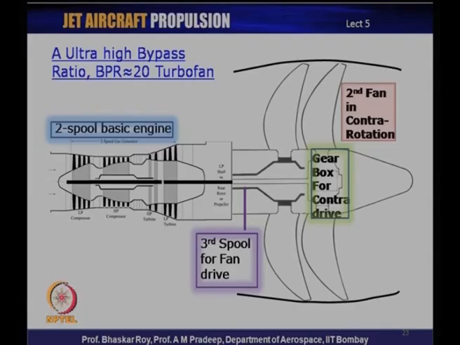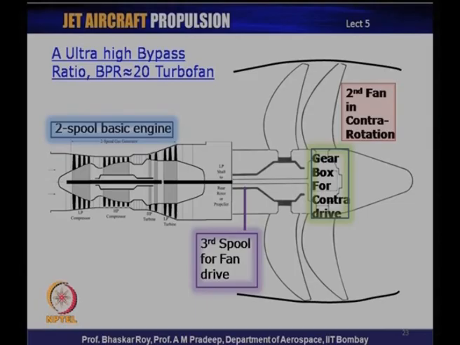The fans are so big, they are almost approaching the size of a propeller, but not quite, and quite often even today they are ducted, because the ducting allows a certain amount of noise suppression. Hence even today people would like to use ducts essentially to suppress the noise created by these big fans or prop fans, and hence the noise is kept under a certain amount of regulatory control.